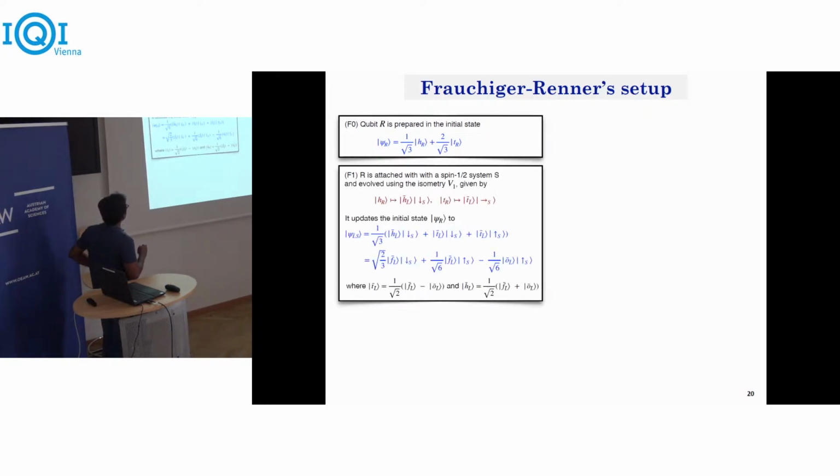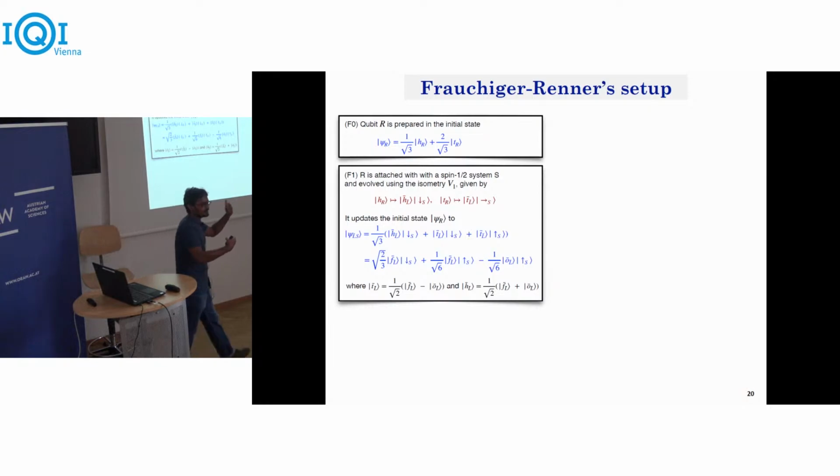Then you apply an isometry, and you quickly see that this is the first example unitary that I have taken. If this one is in HL, the spin down state remains spin down, but if it is in TR, that means this TL bar is T, and this gives you an equal superposition of up and down spin. Okay, this is essentially what you have.